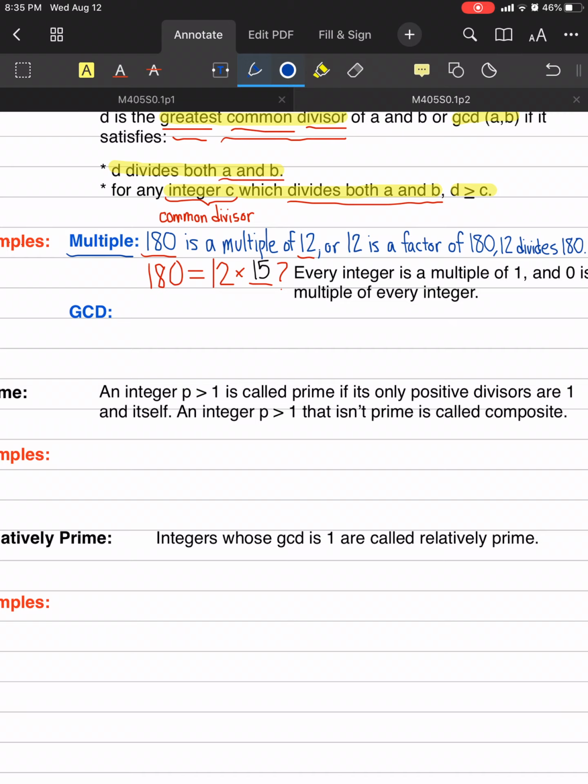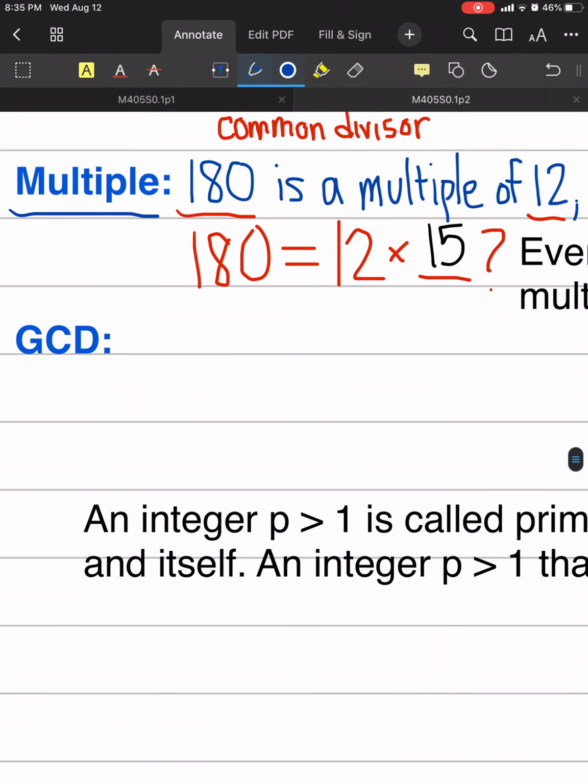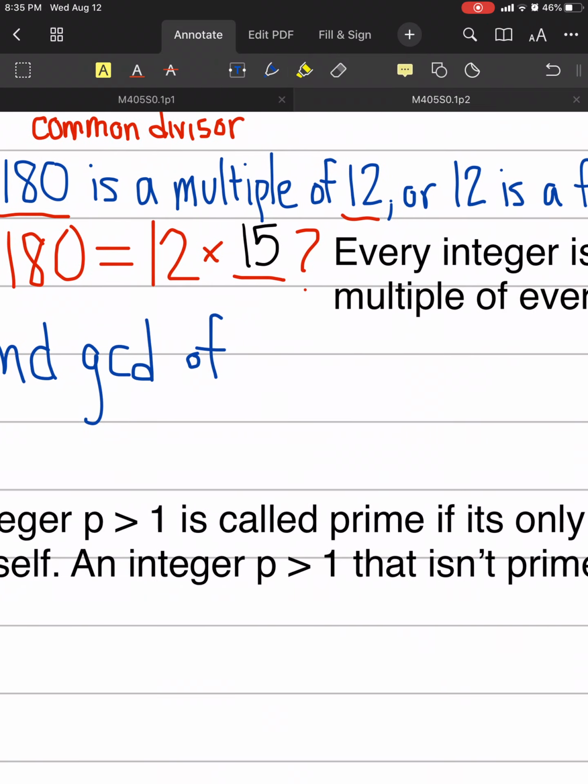Let's say here what? I need to zoom in again. Find the GCD of, let's pick two here.